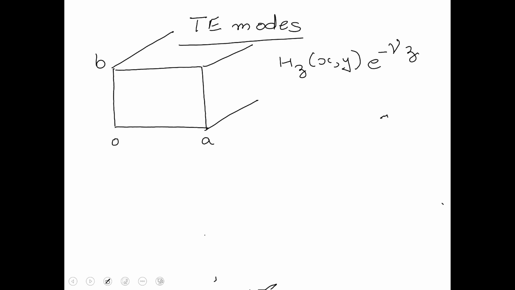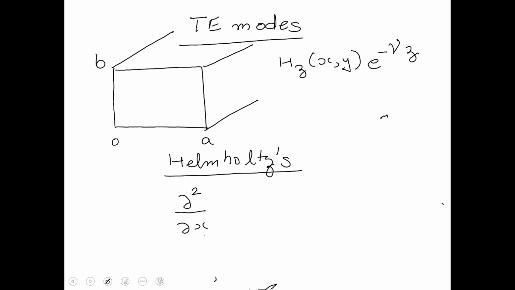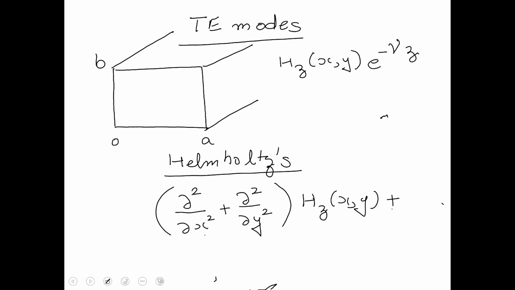By the Helmholtz wave equation, which is very similar to what we saw in the TM mode, except now instead of having E, it is going to have H, we get del squared Hz plus h square Hz of x, y is equal to 0.